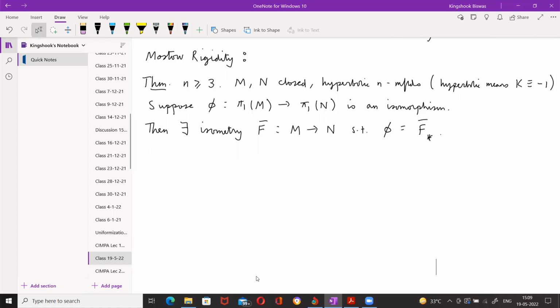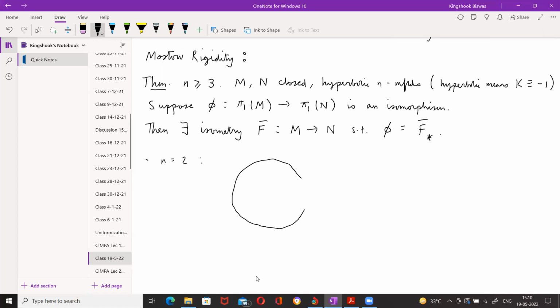So here one crucial point is that the dimension n is at least 3. This is false in dimension 2. In dimension 2, we have lots of hyperbolic 2-manifolds which are all homeomorphic but which are not isometric. For n equal to 2, right, what are hyperbolic manifolds?